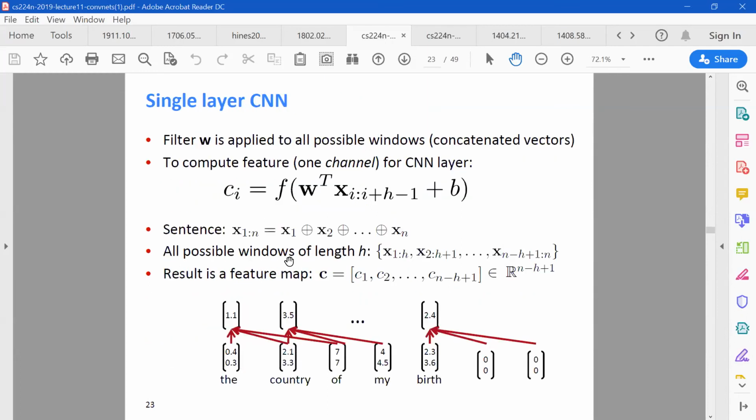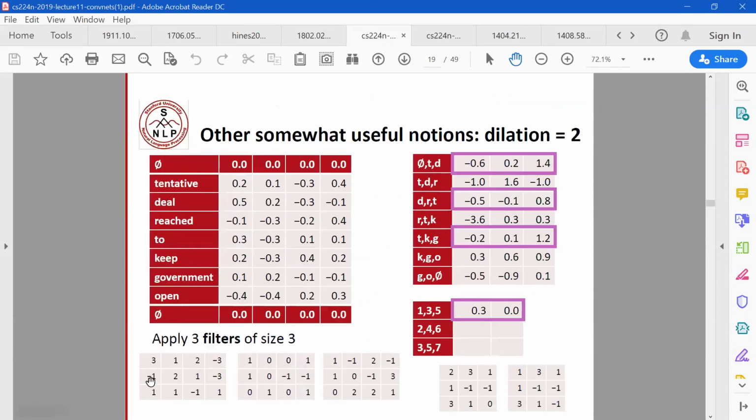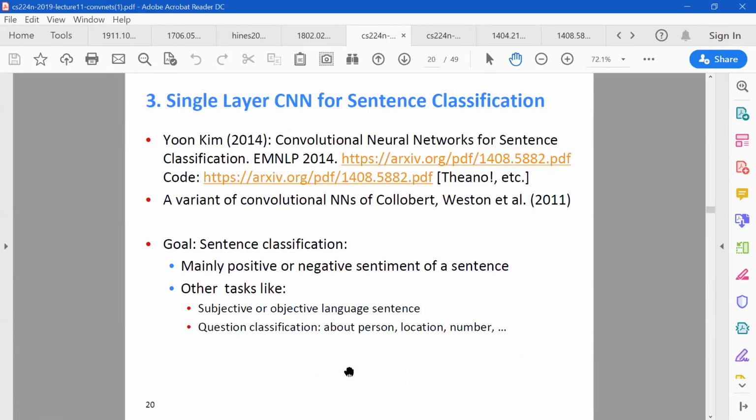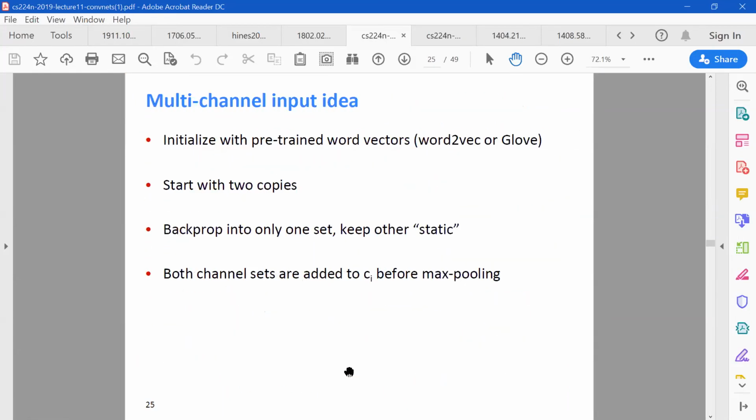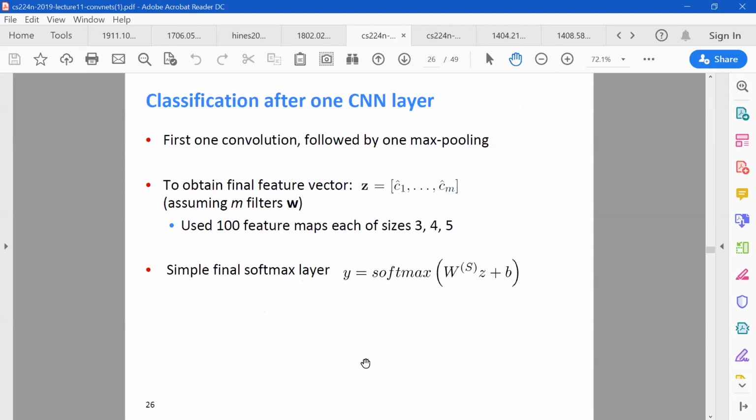So similar to the problem we saw here, where there are 3 filters of size 3, but in this case he's got 100 of them. And then he also has 100 filters of size 4 and 100 filters of size 2 as well. Yeah, and then one final softmax layer, including this bias, which we didn't talk about.